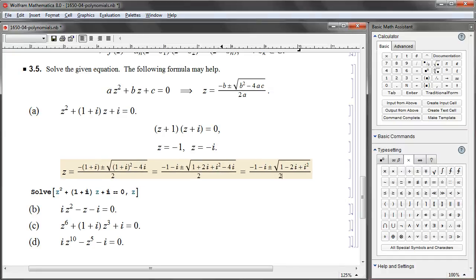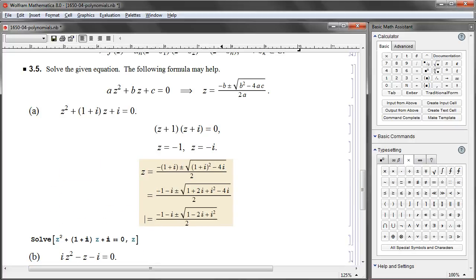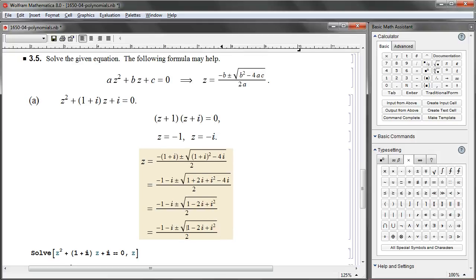And oh, I see, here is a critical step. We have a complete square again inside the square root: 1 minus i squared.